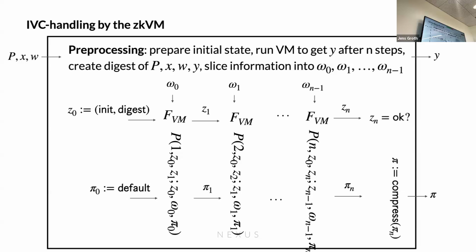We just want to make sure that you get the same thing as the hash. So sometimes you would compute a digest of the input rather than starting just with the input, and you would give that as the starting point for the VM. Then in the steps, you would feed in and say, by the way, this was a hash of this program and this input. And then you will have the system up and running.